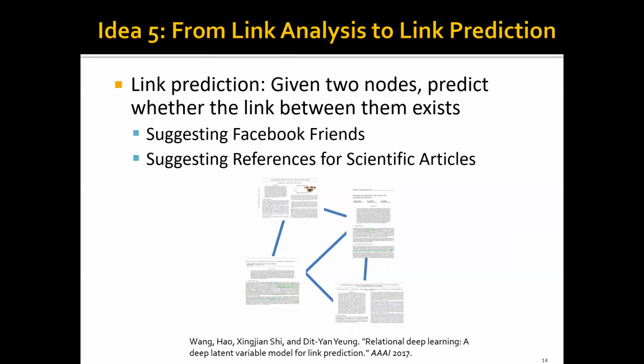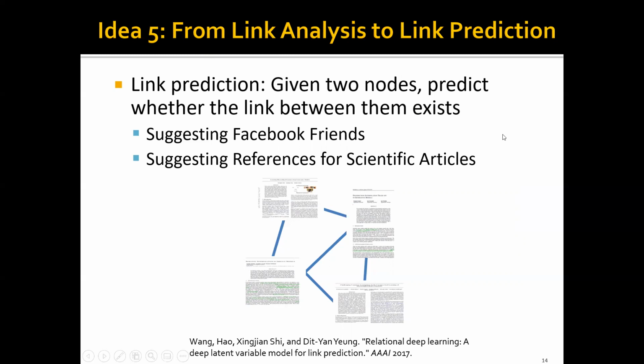So this is called link analysis. And besides this, we can consider another problem, which we call link prediction. Link prediction is kind of an inverse problem where we're given two nodes and the content of the nodes, and we want to predict whether or not a link between these two nodes exists.